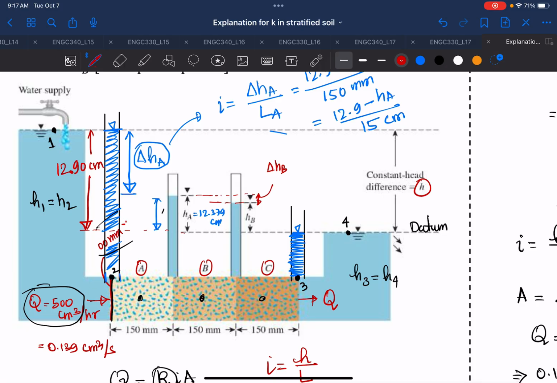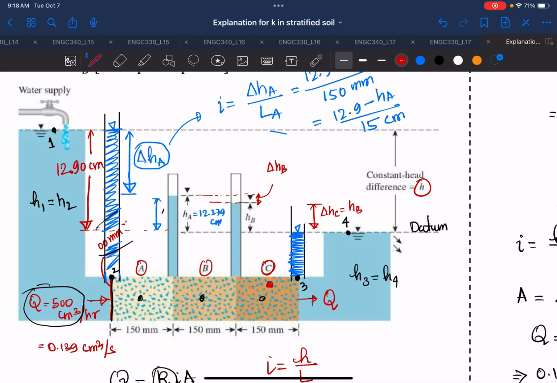Or you can say that for water flowing through soil C, your head loss will be delta HC, which is equal to HB.